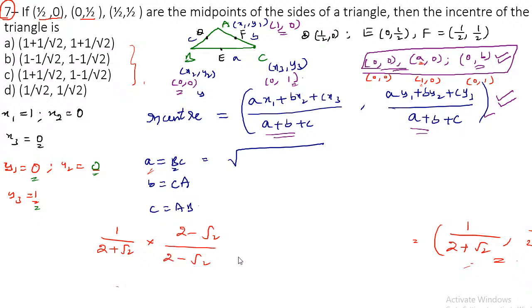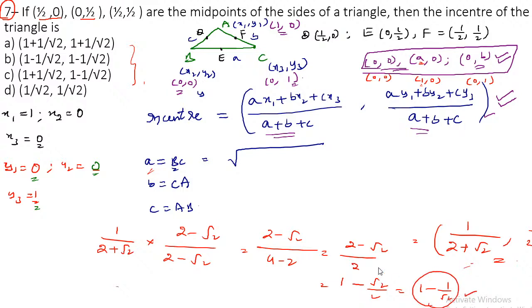This is equal to 2 minus root 2 by 2 square minus root 2 square, that is 4 minus 2, which is 2. So 2 minus root 2 by 2, which is equal to 1 minus 1 by root 2. So option B is the answer.